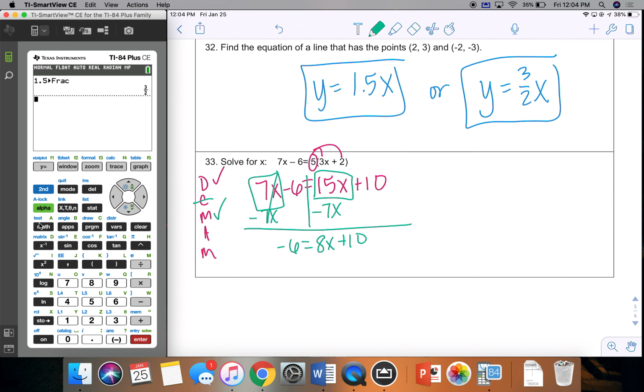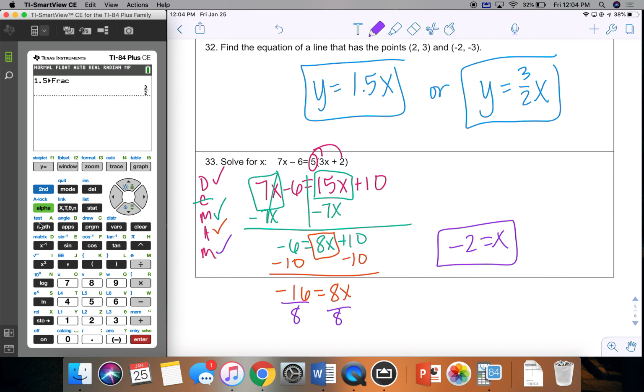Remember, anytime you cross that equal sign, you have to change signs. I box x, and I do have something outside of my box to add or subtract. And then I do have something to multiply or divide, so x gives me negative 2.